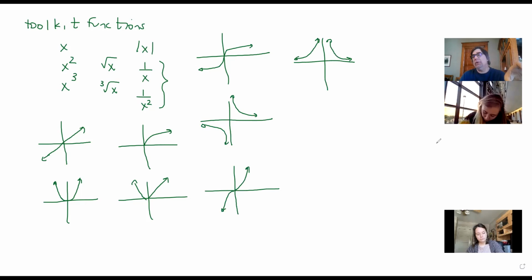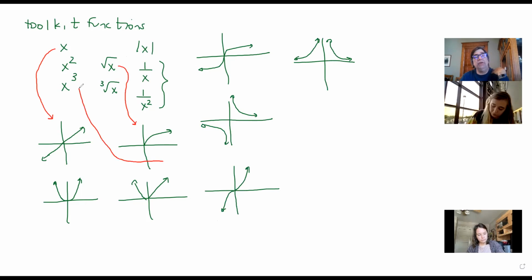Right, so you should be able to go from the equations to the pictures and vice versa. So do a little mix and match here. X is what we call the identity function. Here's your graph. This is the graph of the square root function. Here's the graph of the cubic function.